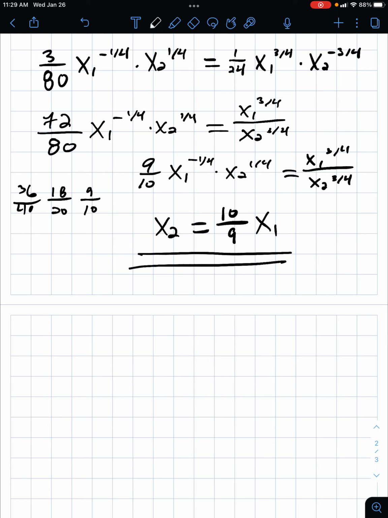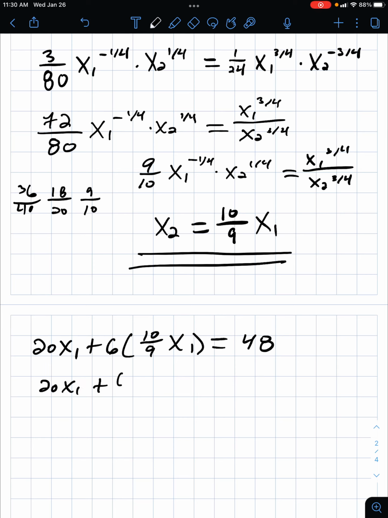So, if we remember our budget constraint, we get 20x1 plus 6 times 10 over 9 x1 is going to be equal to 48. So we get 20x1 plus 60 over 9 x1 is going to be equal to 48.